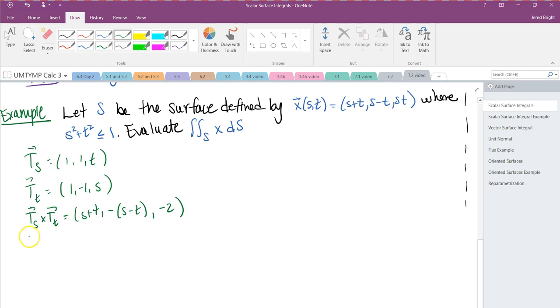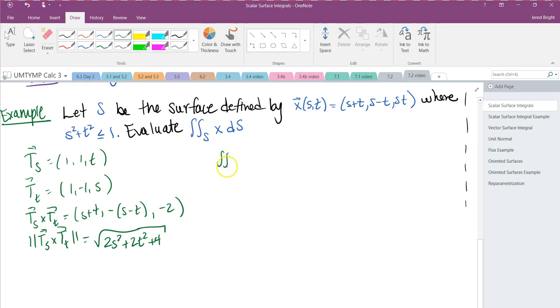Okay, so then the length of Ts cross Tt is precisely the square root of 2s squared plus 2t squared plus 4. Okay, so again, I did a lot of this off screen, so feel free to do the same. And so now I'm ready to do the scalar surface integral.